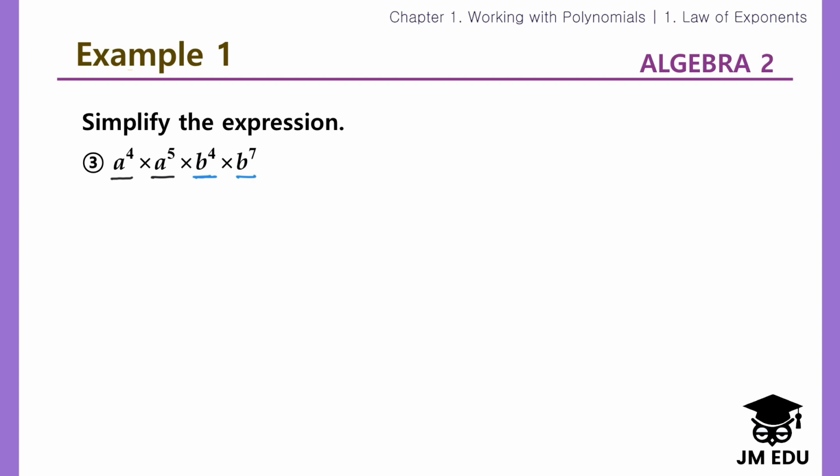So a to the 4 times a to the 5, that's going to be a to the 4 plus 5 times b to the 4 plus 7, right? So that's going to be a to the 9 times b to the 4 plus 7, that's 11.